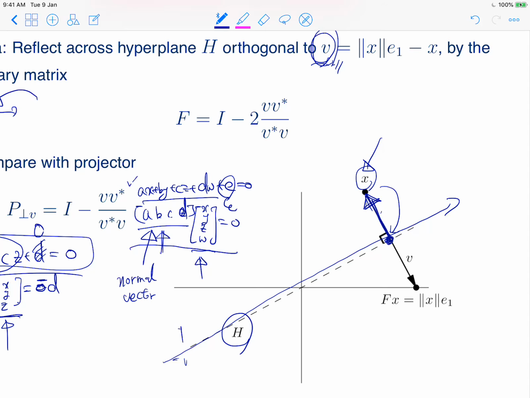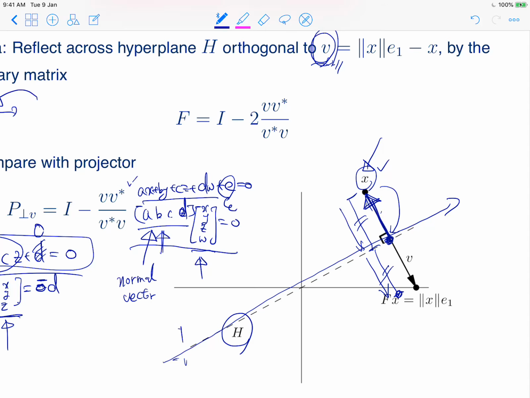Then we move in this direction once again along the same direction, and we obtain the resulting vector that is on the other side of the hyperplane, with the same length between this point and the hyperplane as the other point. Okay, so this is the reflector.